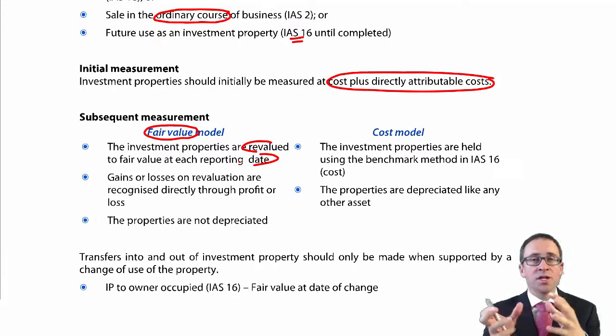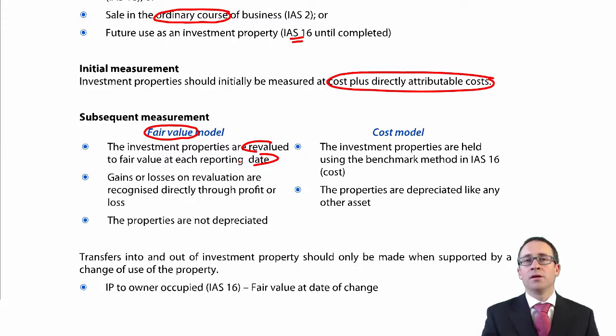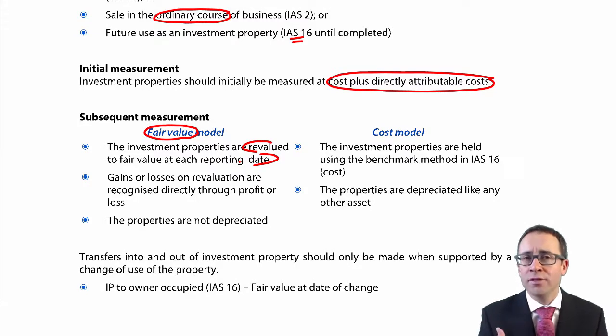Gains and losses, as you will see in future subjects, go into profit or loss. Okay, so why should it be any different if you've invested in property? Why should the gains or losses go elsewhere other than profit or loss? Okay, you've just invested in something different, so the accounting treatment should be the same.